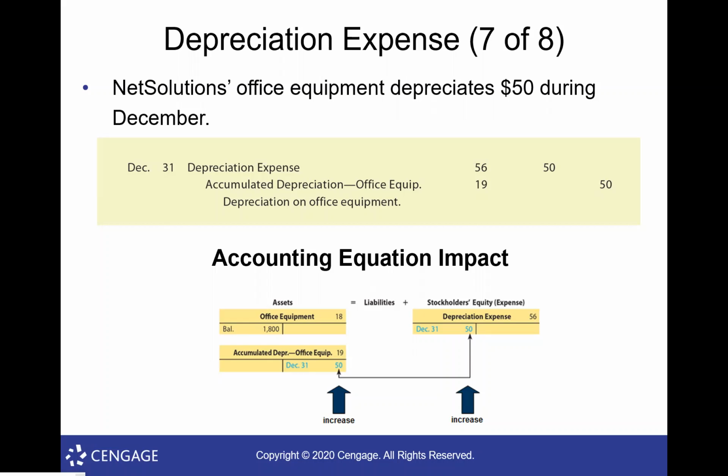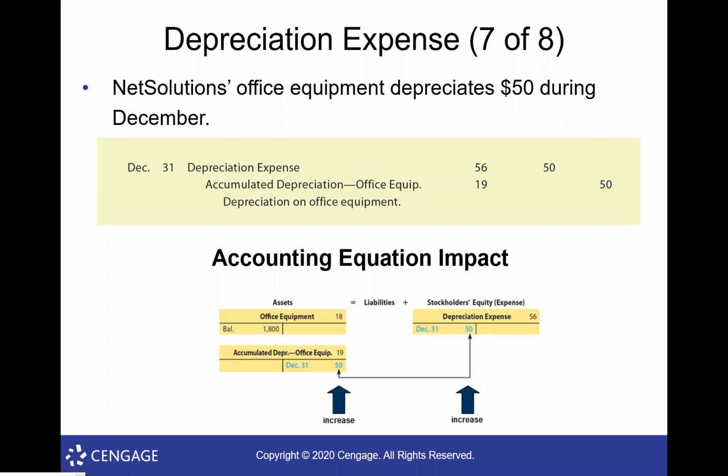So at the end of the first year, I'm going to debit what's called depreciation expense $250, and I'm going to credit accumulated depreciation account $250.